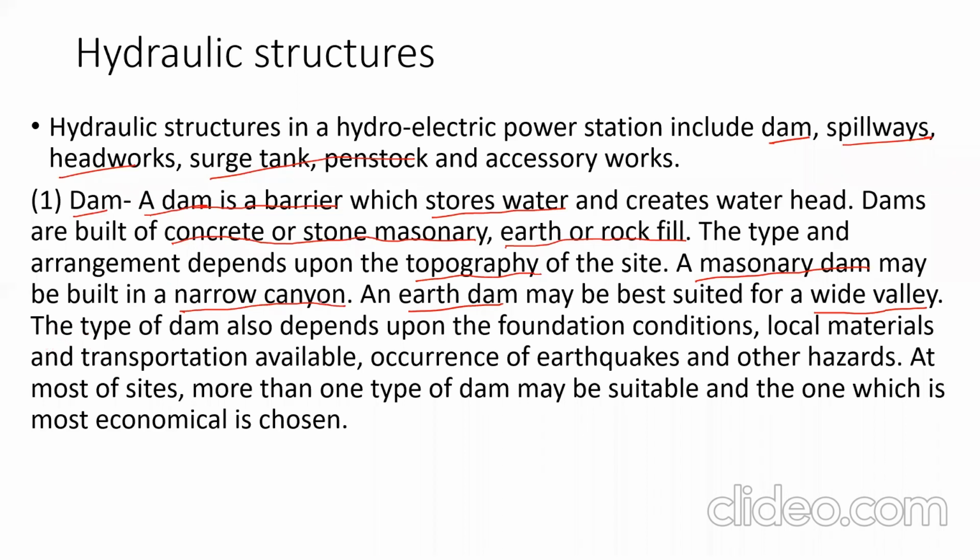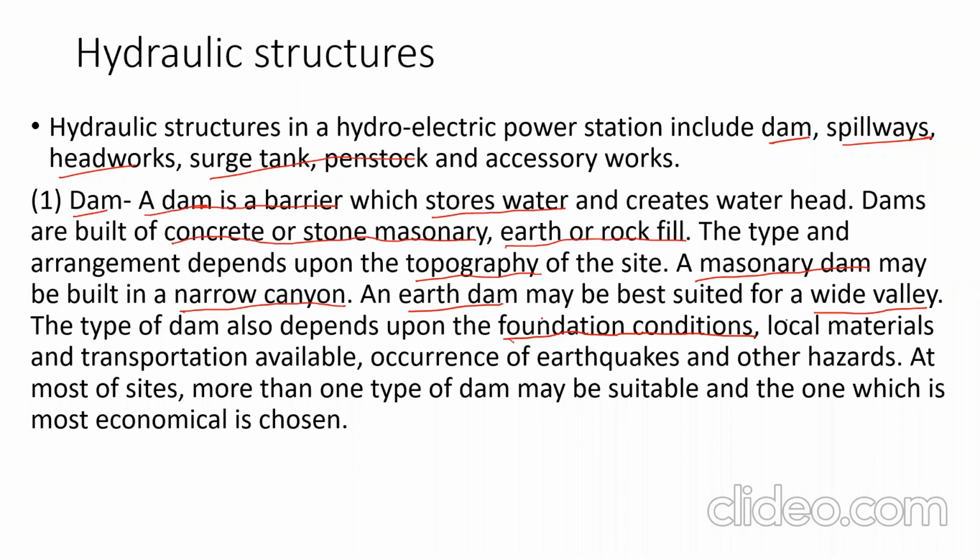The type of dam also depends on the foundation conditions, which means what material the ground is made up of, whether it is basalt or just soil, whether it is strong or weak. All these conditions have to be considered.